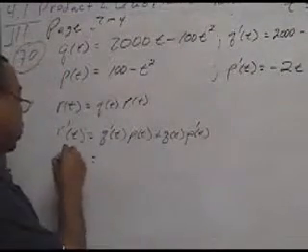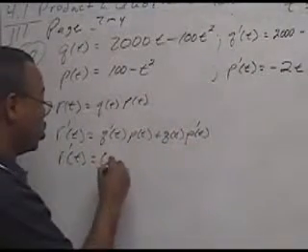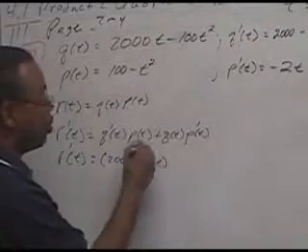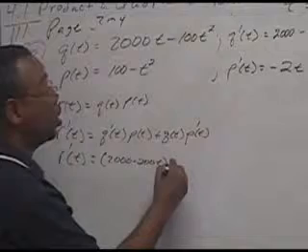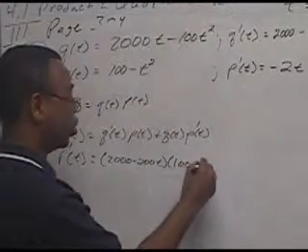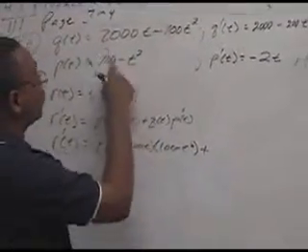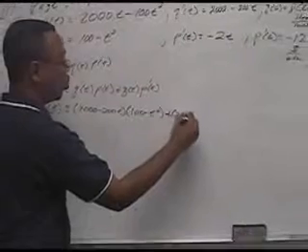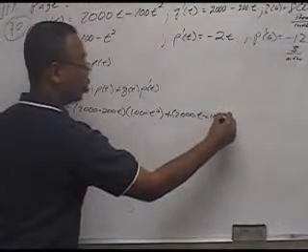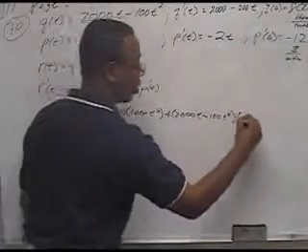In this case, we already have our derivative of Q, which is 2,000 minus 200t. P is going to be 100 minus t squared, plus Q. Q is 2,000t minus 100t squared, times p prime, which is negative 2t.